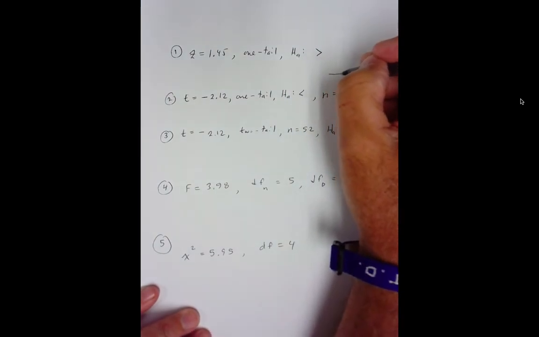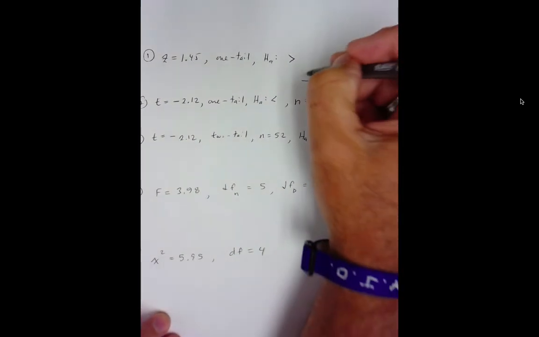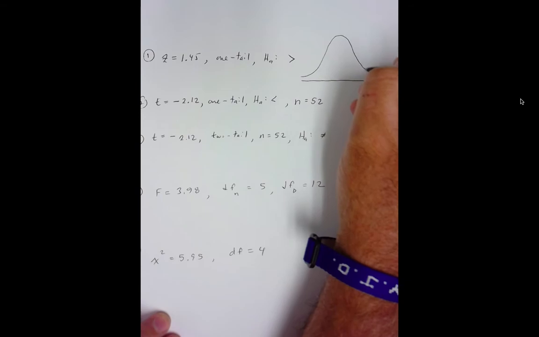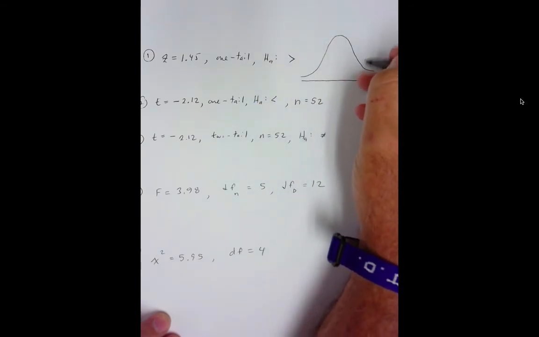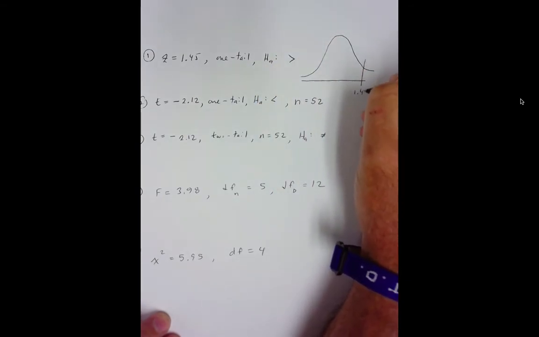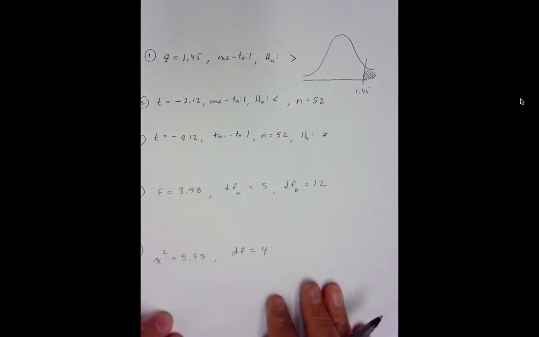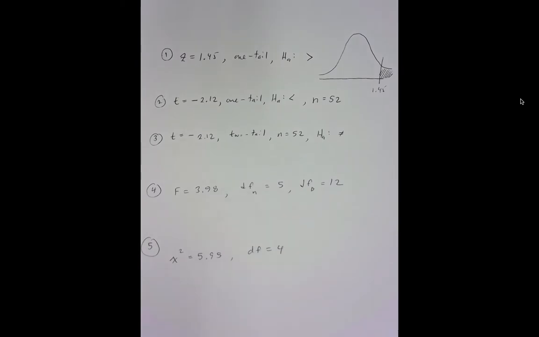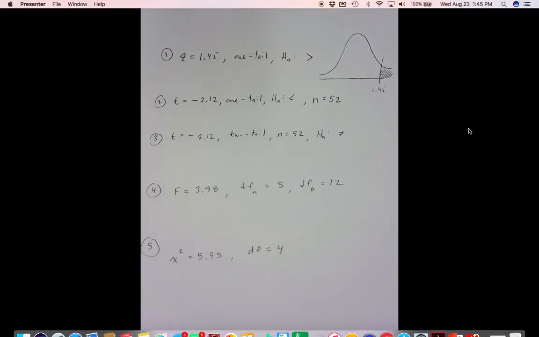So what's this going to look like? In a normal distribution, since we're one tail, for 1.45 we need the area to the right. I've got a meeting in 10 minutes, so I've got to get busy.